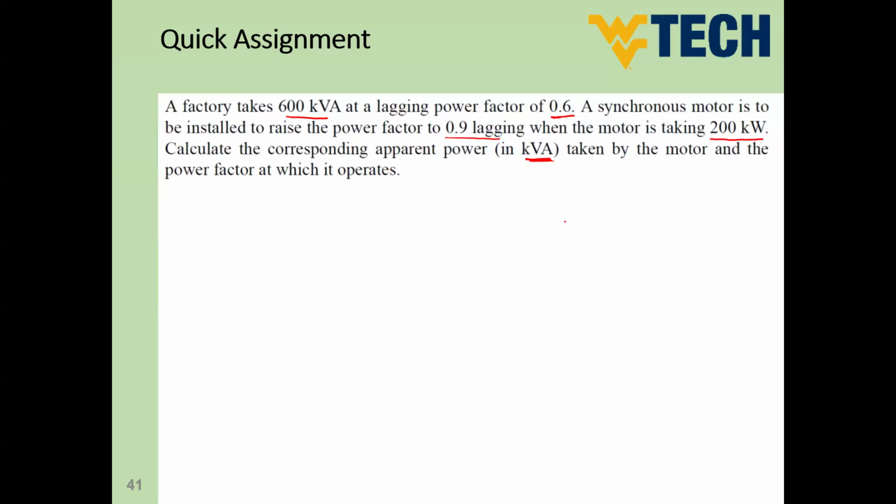Okay, so the idea again, you have your grid. Or let's say instead of that, let's draw a bus bar. So here is the grid, and you have your load. This represents the grid or the factory panel. This is the factory load.